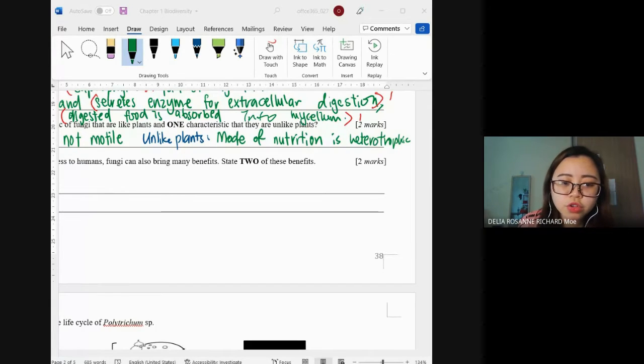So Eva, for your answer, untuk yang like plant itu kamu buang bahagian chitin. Okay, kamu cakap have cell wall. Bahagian yang unlike plant, you can say it is lack of chloroplast. You can also say cell wall is made of chitin, not cellulose. Boleh faham, Eva?